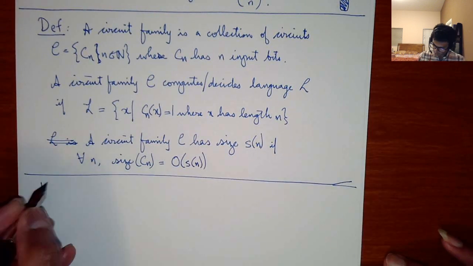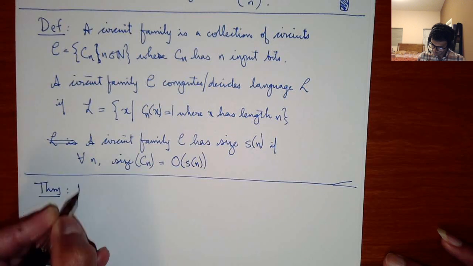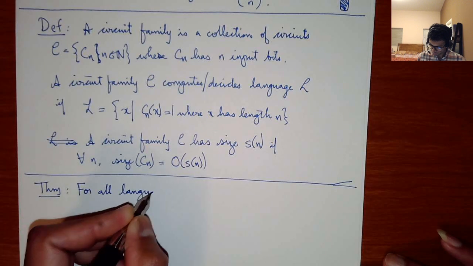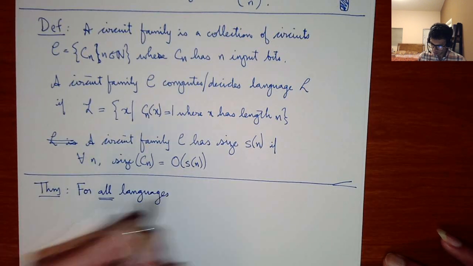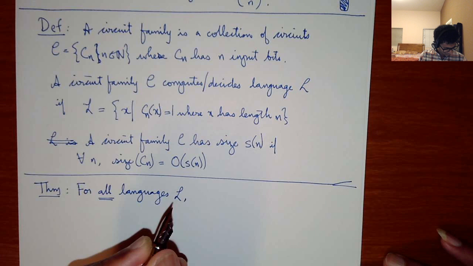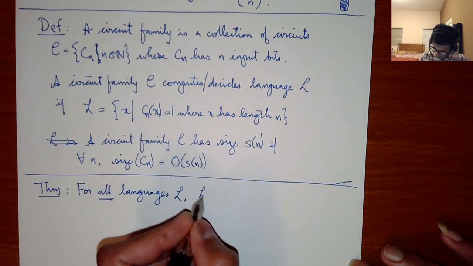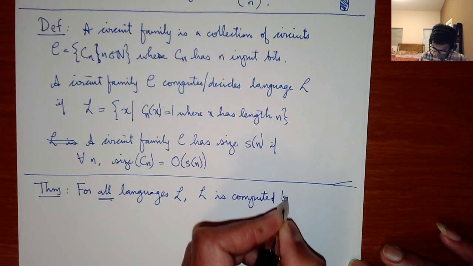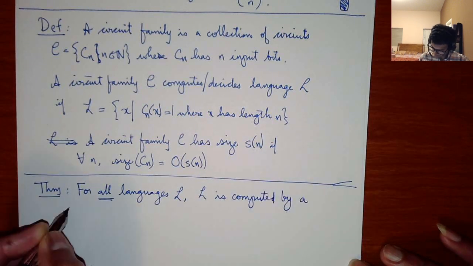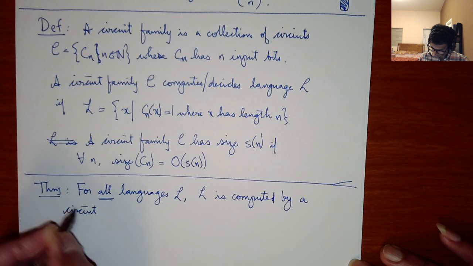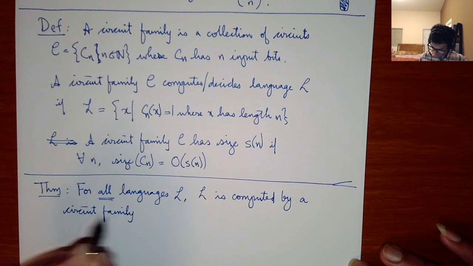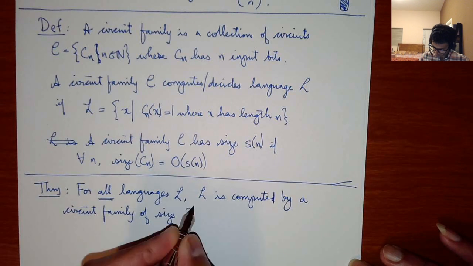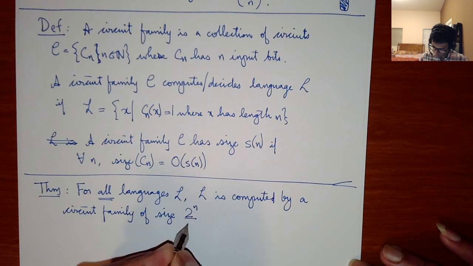And so we just proved a theorem: for all languages, and really it's all languages L, L is computed by a circuit family of size 2 to the n divided by n.